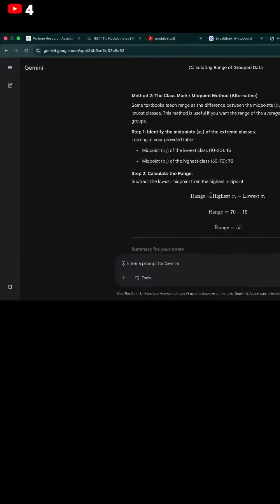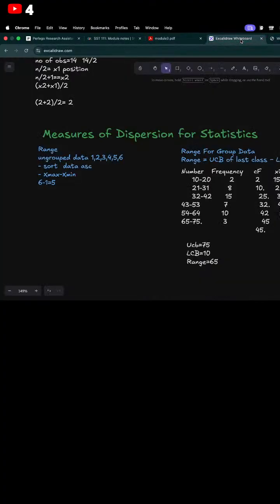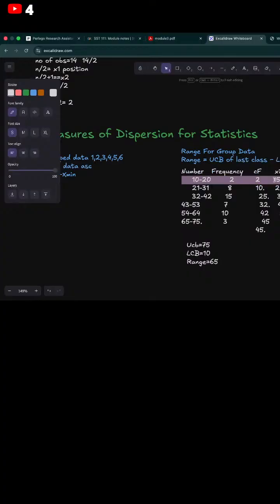Also there is method 2, whereby you are using midpoints. So this is our midpoint here.